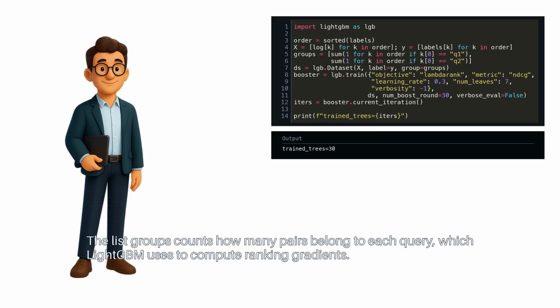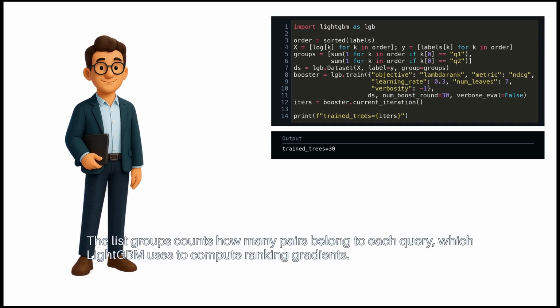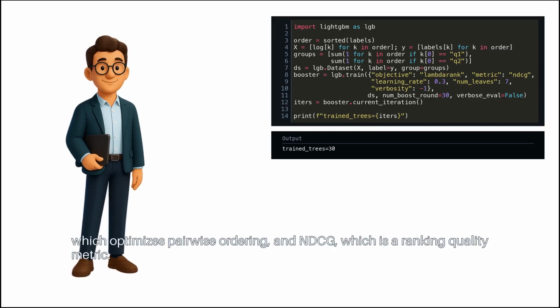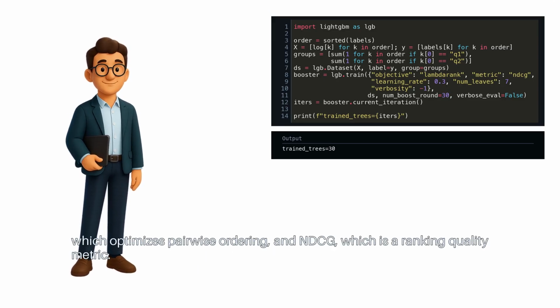The list groups counts how many pairs belong to each query, which LightGBM uses to compute ranking gradients. The LightGBM dataset packages arrays with group info, and the training call fits a small model using the LambdaRank objective, which optimizes pairwise ordering, and NDCG, which is a ranking quality metric.